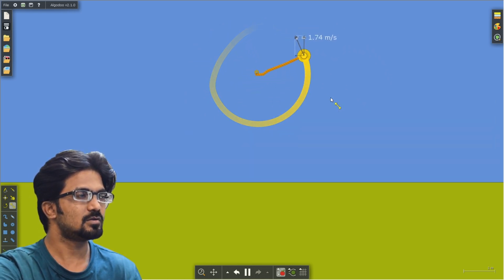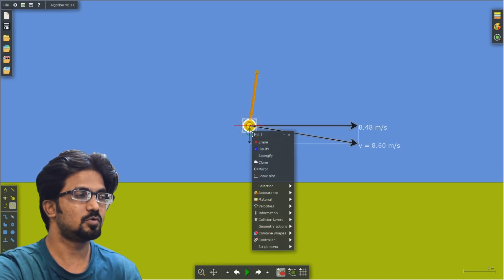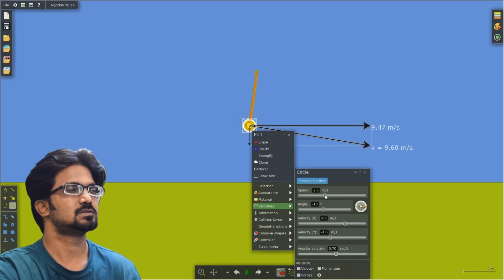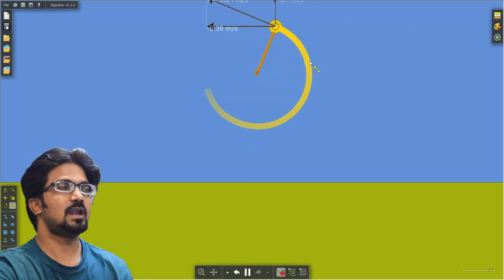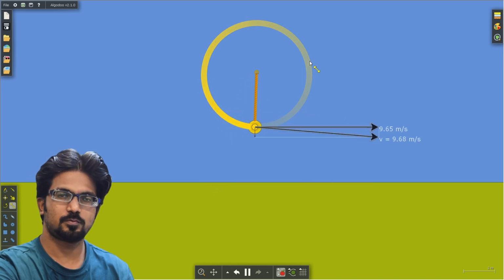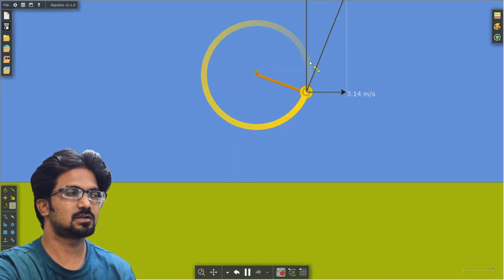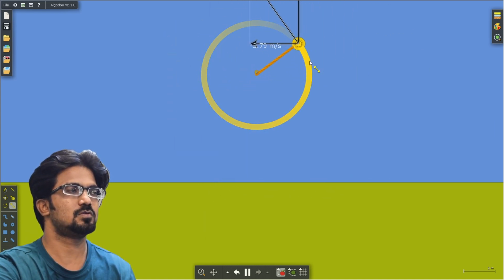So at less than 8.5 it won't work, so we have to give it a velocity more than 8.5, and then we can see that it almost travels a full circle, let's say at about 10 meters per second. Now we can see that the kinetic energy it has gained is converted into potential energy, as we have seen in the formula, and it is traversing the entire circle in a vertical loop. So the motion in a circle is now complete.